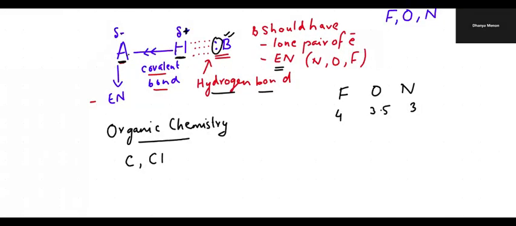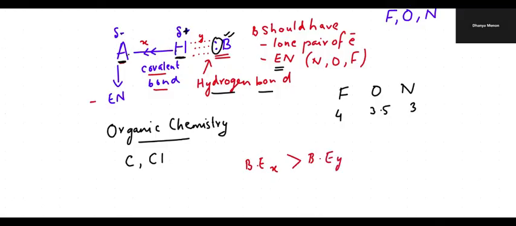Okay, students, suppose this covalent bond is X, okay? And suppose the bond between this hydrogen and B is Y, okay? So the bond energy of covalent bond X is greater than the bond energy of hydrogen bond. We already know, we discussed this at the beginning of the lesson, right?